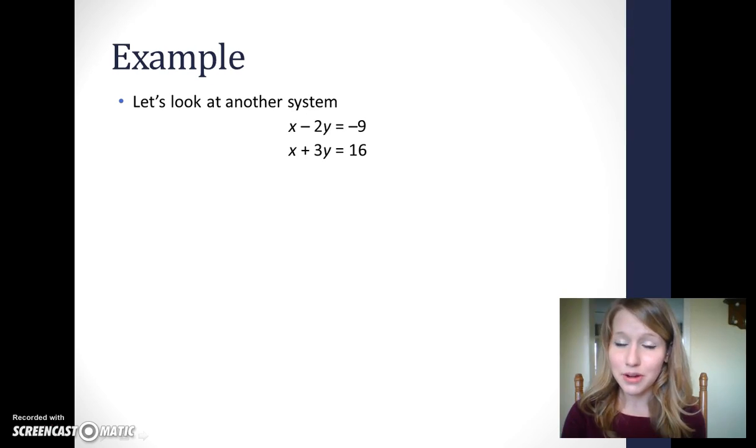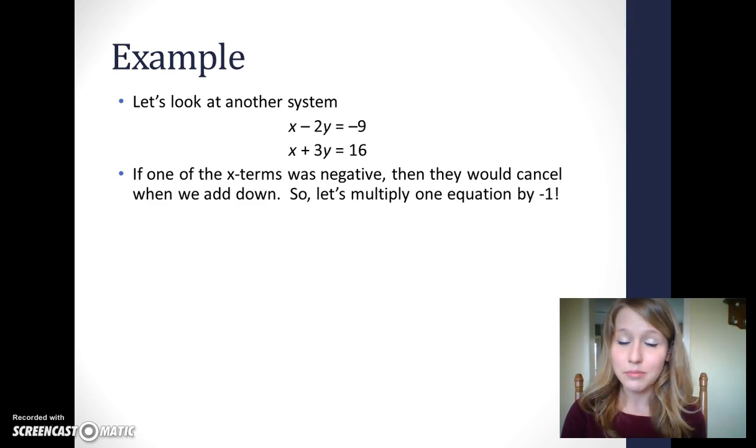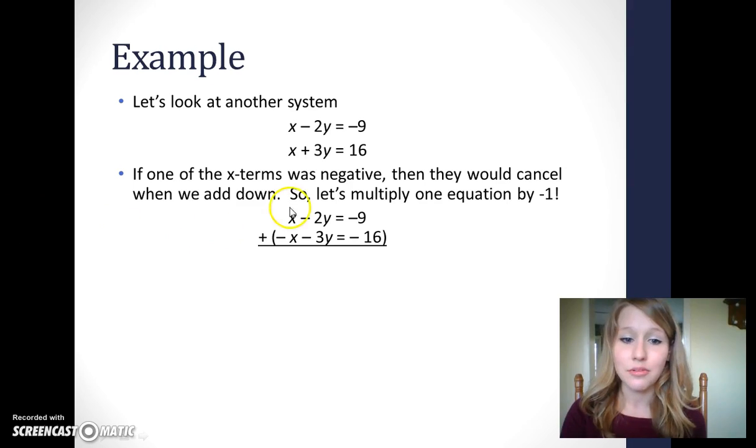So in order to make one of our x's negative, we can multiply one of our equations by negative 1. I'm going to choose the bottom one, but it really doesn't matter which equation you choose. So we have x minus 2y equals negative 9. And then after we multiplied our second equation, we got negative x minus 3y equals negative 16.